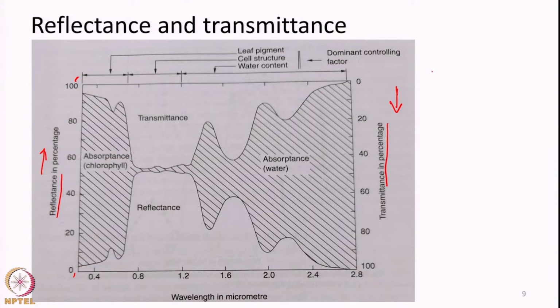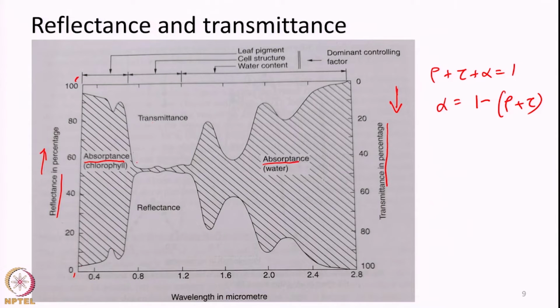We also know that reflectance plus transmittance plus absorptance is equal to 1, and hence absorptance is equal to 1 minus the sum of reflectance and transmittance. This shaded portion in between is the absorptance, or the energy that is absorbed. What we can sense from this is that in the visible domain, that is less than 0.7 micrometers, absorptance is pretty high with very low reflectance and transmittance.